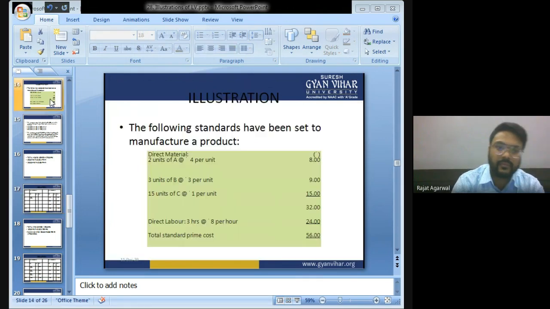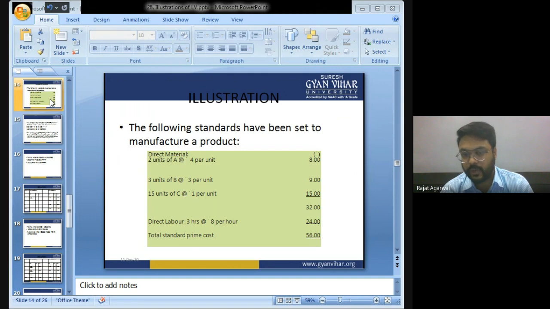Then 3 units of B are required to manufacture 1 unit of finished product. Then how many units of B will be required for 6,000 units of finished product? Means 6,000 into 3.